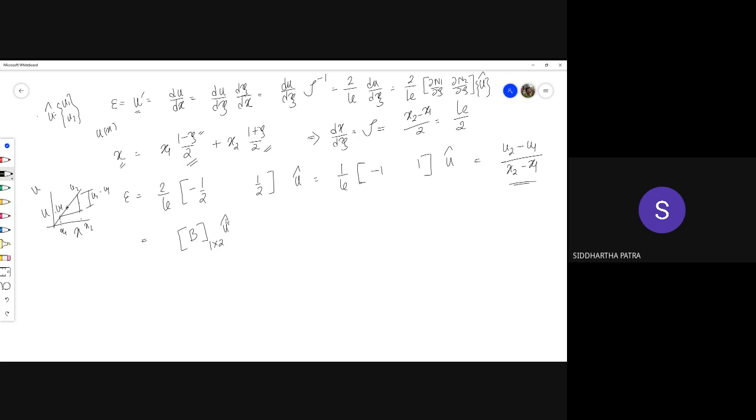And similarly, I would get the variation of the strain, which would be V hat transpose B transpose. Okay. So what is V hat? If you have not remembered it, it is V1, V2.